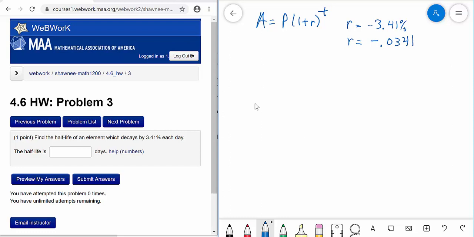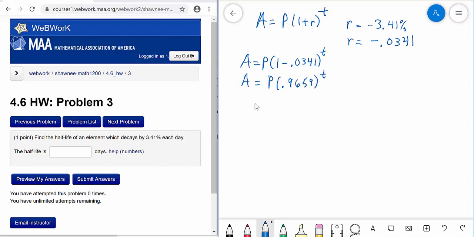So we plug that in for r: 1 minus 0.0341, to the t. When I simplify this, I get P times 0.9659 to the t.